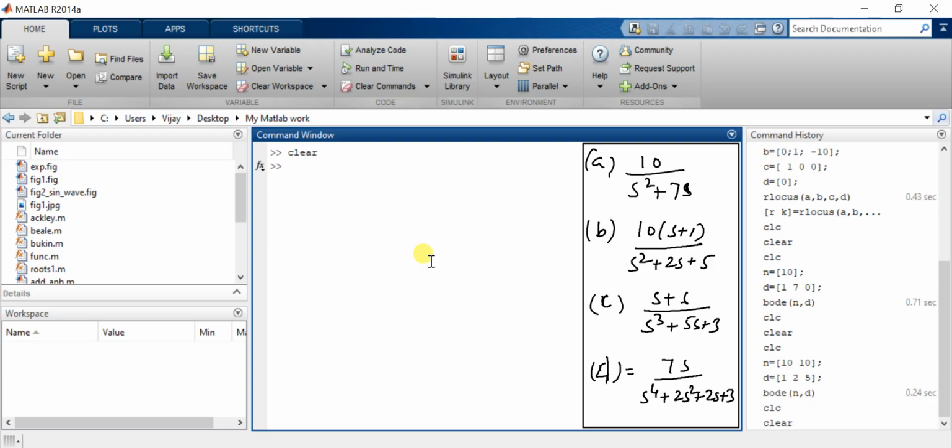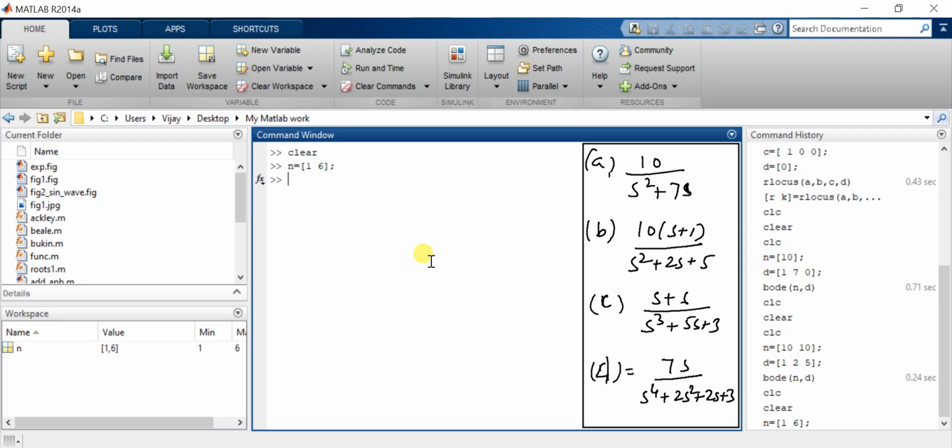For the third case, we have n equal to 1, 6, and d equal to 1, 0, 5, and 3.